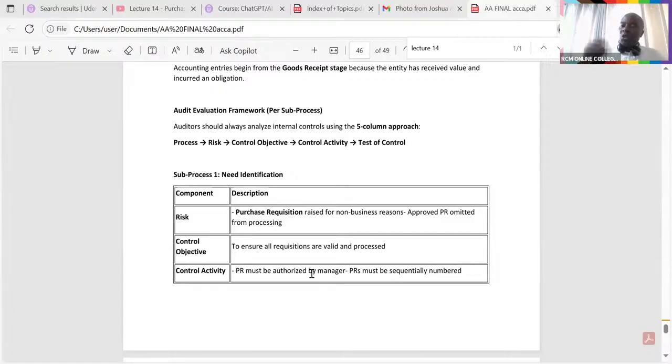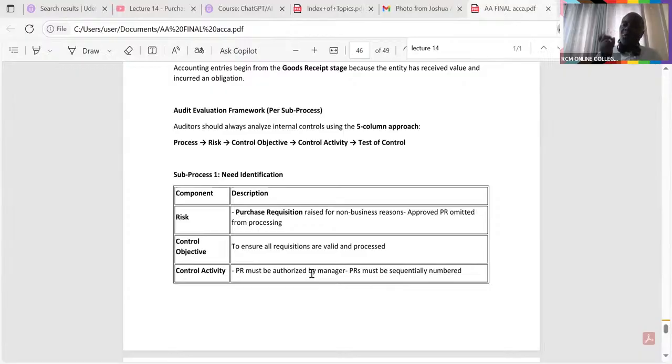Actually, what we recommend, not the procurement manager alone, but the manager of the department. The departmental managers should be able to sign who requisitioned this. So that person should be able to sign. And if they are doing it for the whole department, then the procurement manager also has to sign. Either way, at the end of the day, the procurement manager should sign.